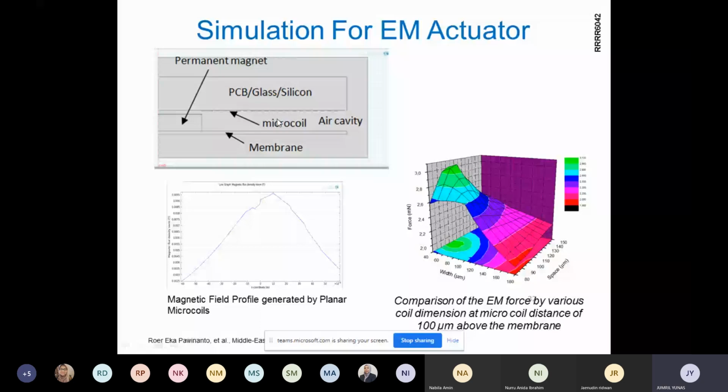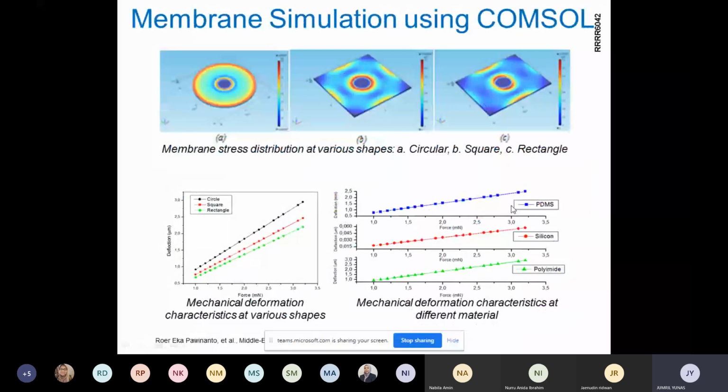We can also simulate the membrane deformation by varying the type of the membrane, circular, square, or rectangular, and then see the deformation capability of the membrane.